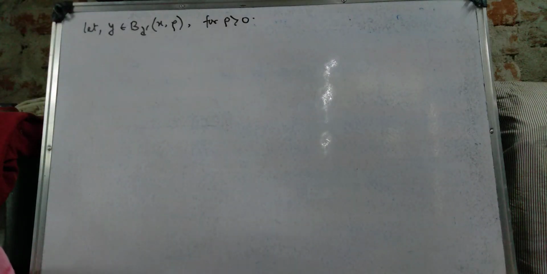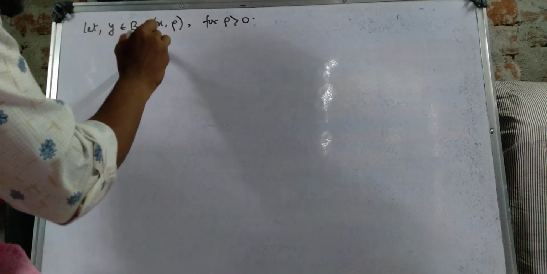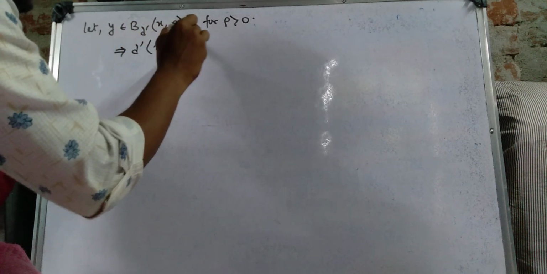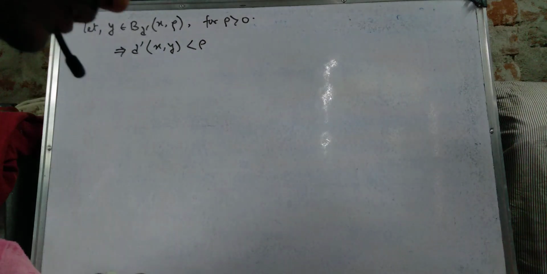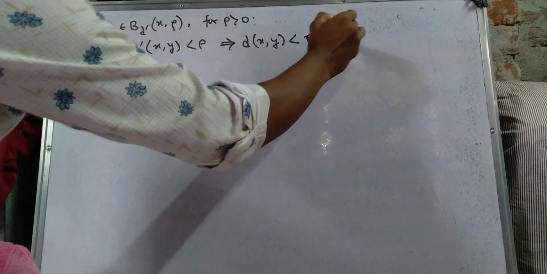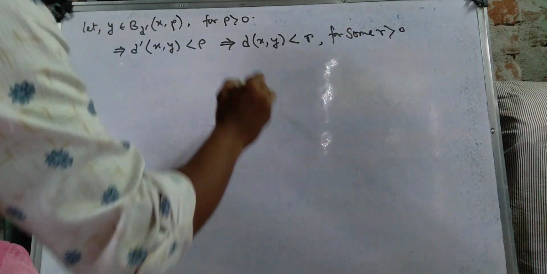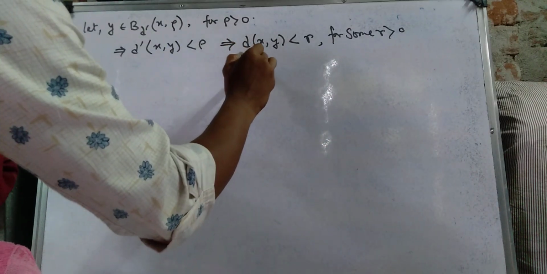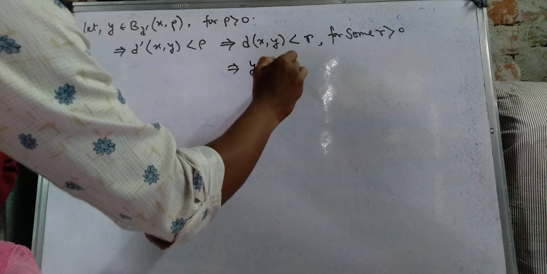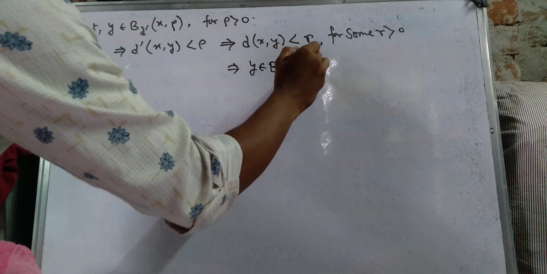Then this implies that d'(x, y) is less than ρ. This implies that d(x, y) is less than r for some r greater than 0. This implies that y belongs to B_d(x, r).